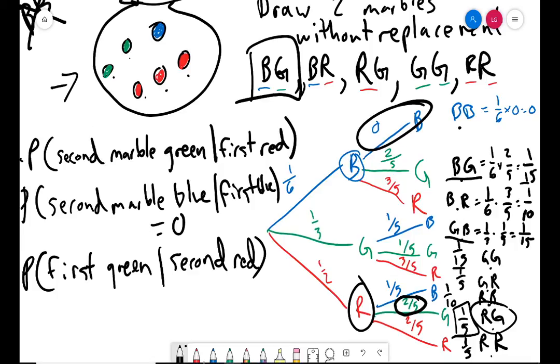Well, what are we talking about here? We're talking about a very specific set of circumstances. The second marble removed needs to be red, so that's good. This one works. This one works. Those are the three scenarios in which the second was red.